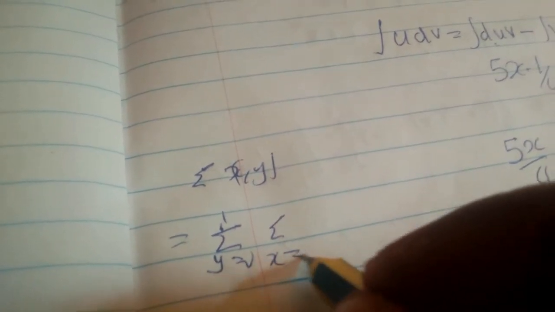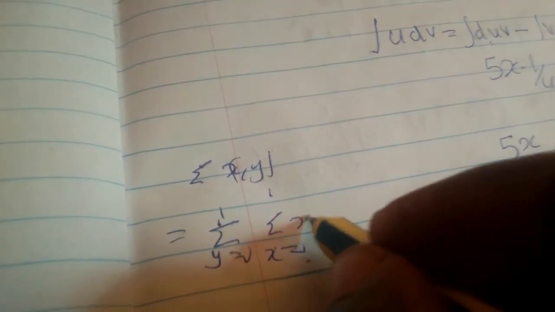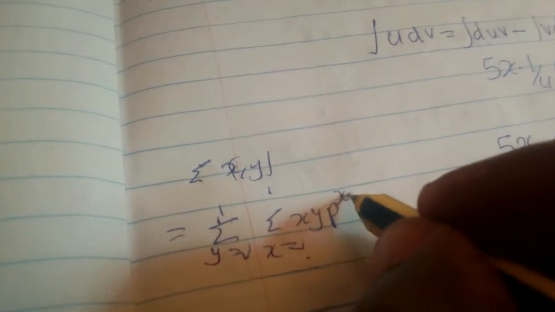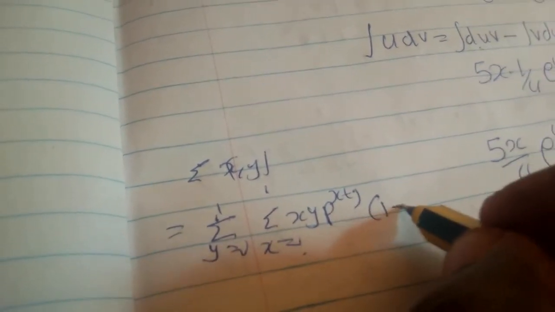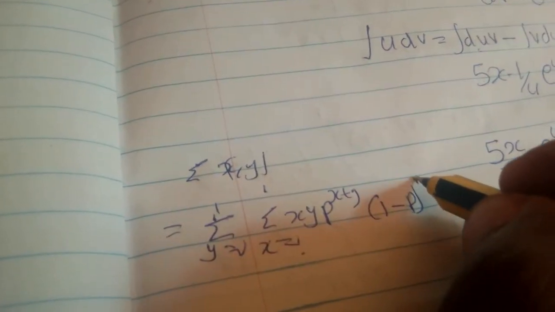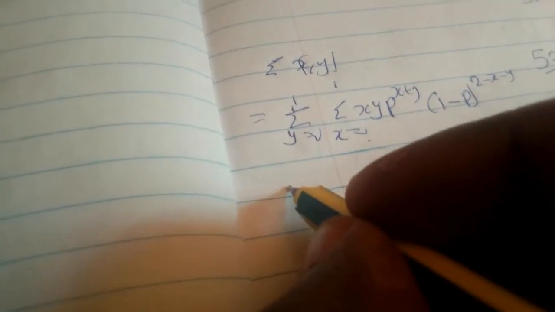The expected value of XY is given by the summation of y from 0 to 1, x from 0 to 1, of xy times p raised to x plus y, times (1 minus p) raised to 2 minus x minus y.